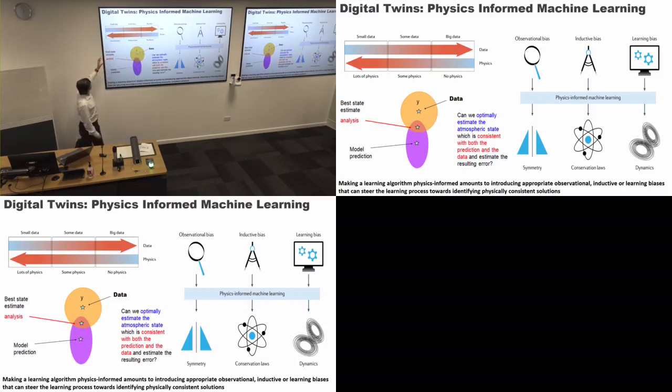If there is a lot of physics, most likely there would be no data. And if there is big data, there would be no physics. So if you have to have a reliable system, you need to have both some data and some physics. That's fundamental for any digital twin or any reliable replica of a cyber physical system. And that's the big problem there.